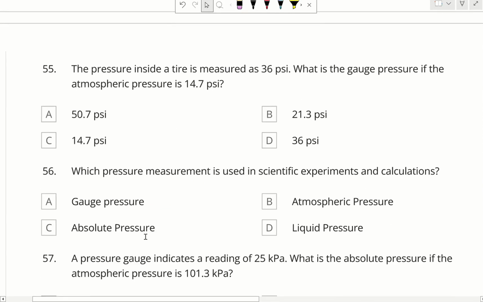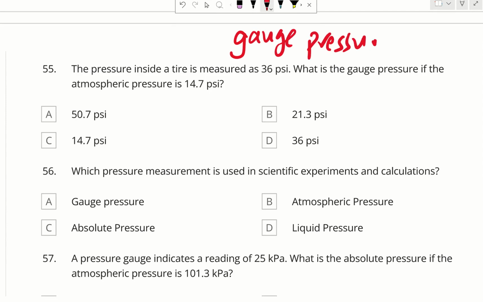So, number 55, the pressure inside a tire is measured at 36 psi. So this is my gauge pressure. What is the gauge pressure if the atmospheric pressure is 14.7 pounds per square inch?